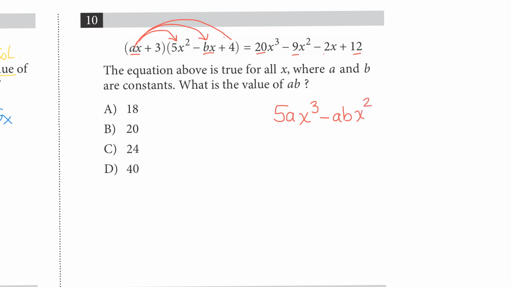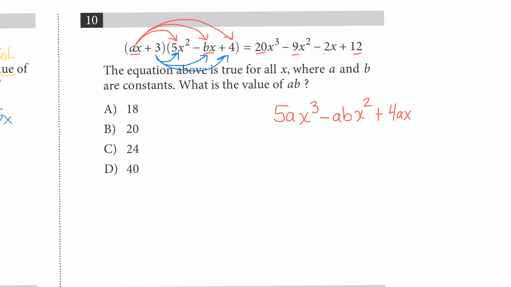And then for the last part, I'm taking ax times 4. That would be just 4ax. Okay? And now I need to take the second term, this plus 3, times that one, and then times that one. And then combine like terms.